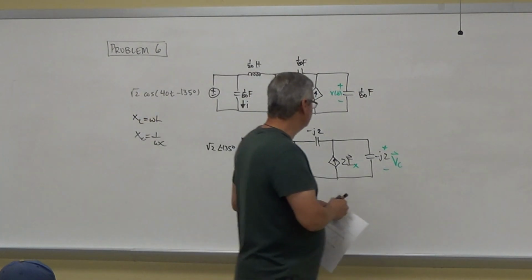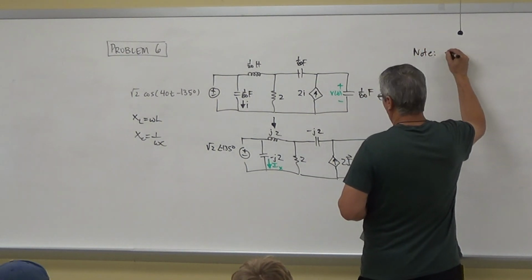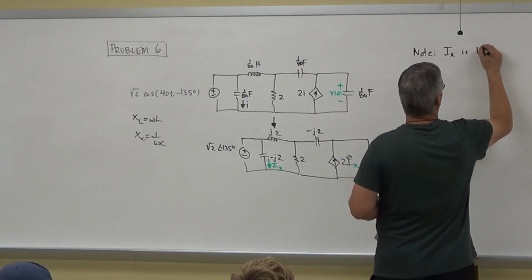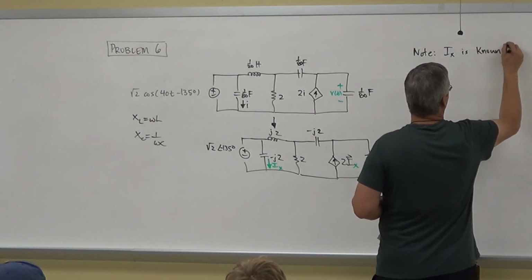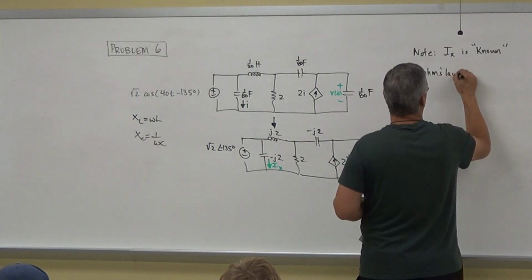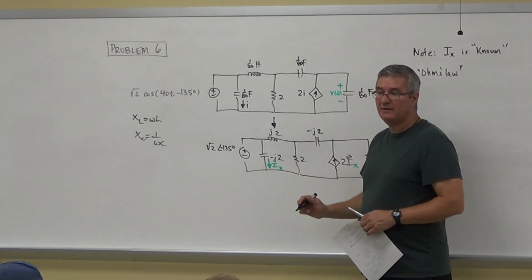So one of the things that you should see here is that note IX is known. Because if I look at just plain Ohm's law, in phasor form, that guy and that guy are in parallel.